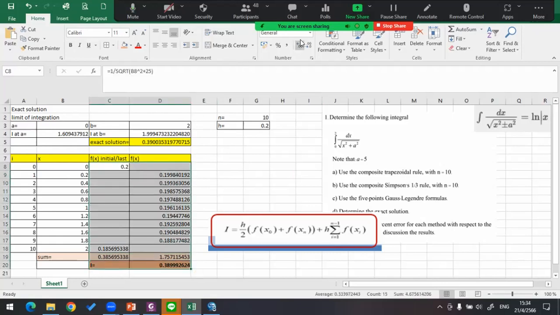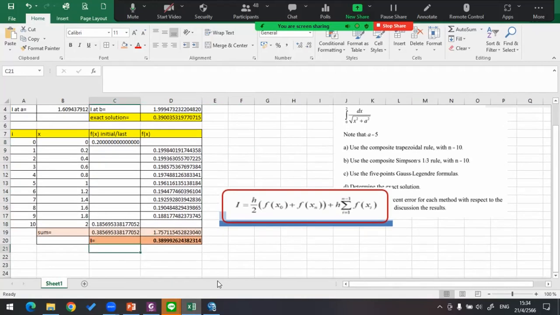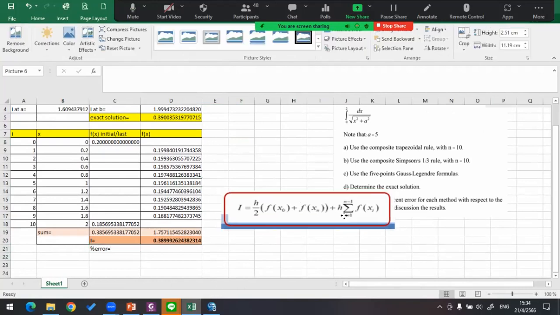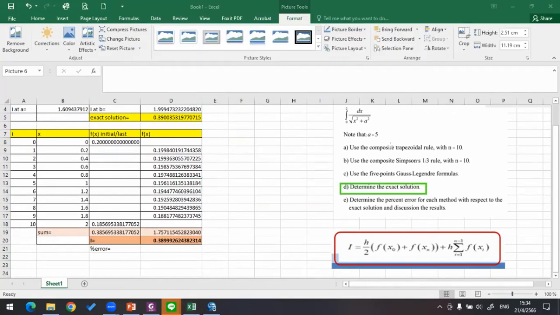And we will find the numerical error from the exact solution. So then we determine the percent error. Okay, percent error is equal to what? It means that we already finished the exact solution, right?